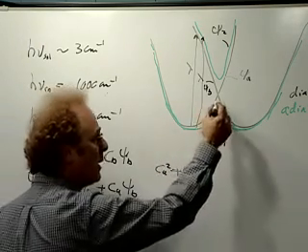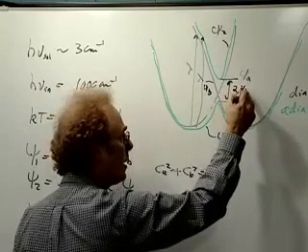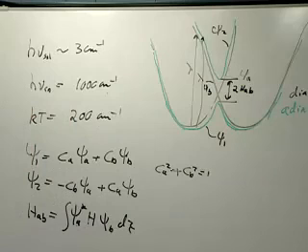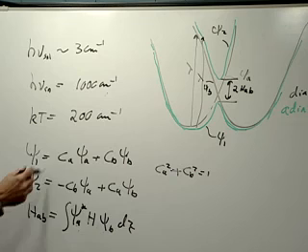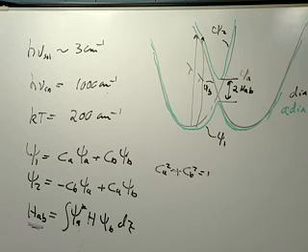This splitting here is 2HAB. What causes the surfaces to split is that psi A and psi B are not solutions to the Schrodinger equation for the Hamiltonian you have. And so you can get a better solution by mixing them with coefficients that you can then figure out. And this tells you about how the diabatic surfaces interact.